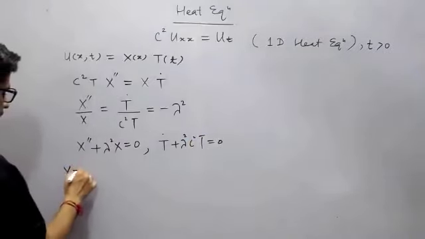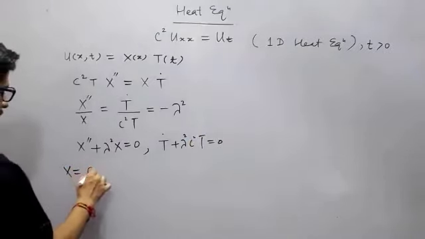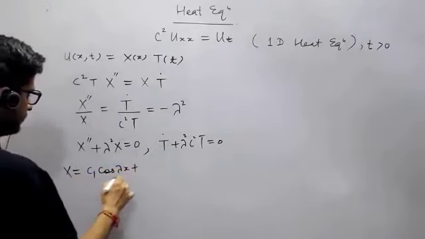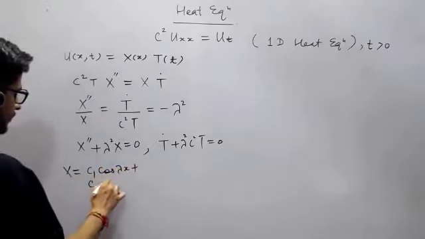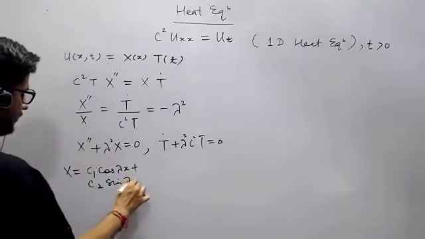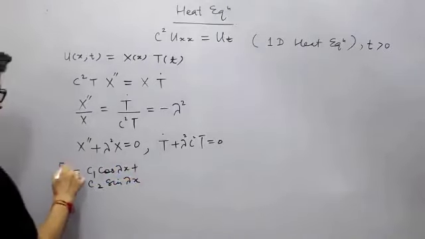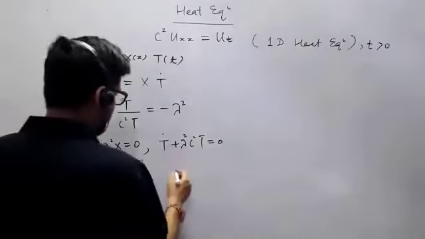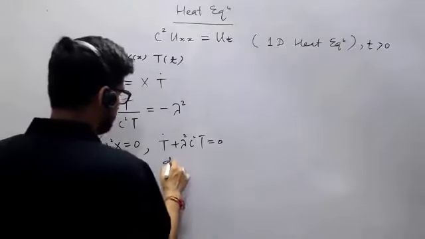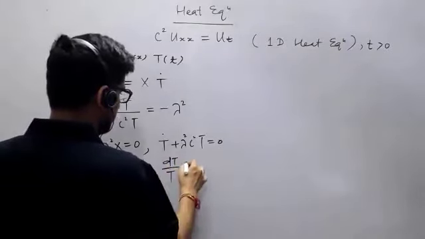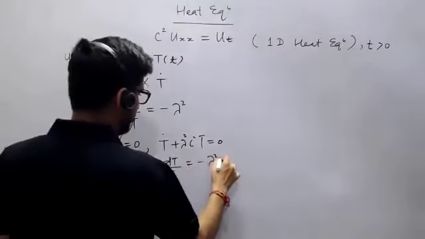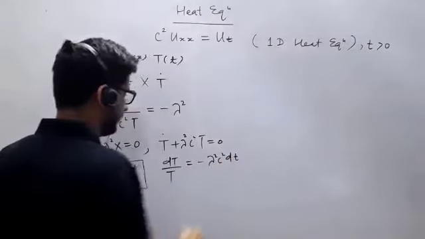The first one will become X is equal to c1 cos of lambda x plus c2 sine of lambda x. This is the solution of capital X, and for T, you can see dT by T is equal to minus lambda square c square dt. Can you see that?